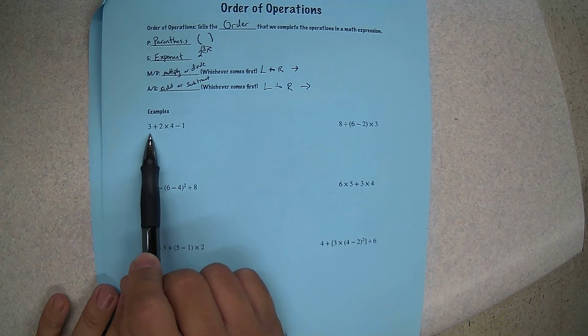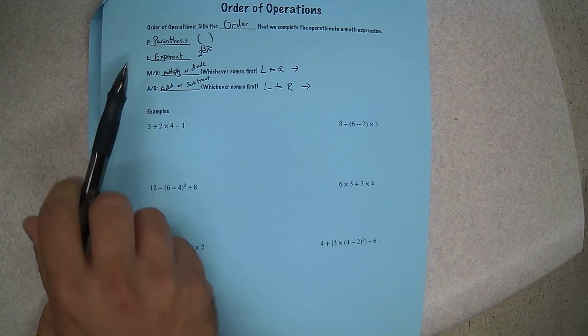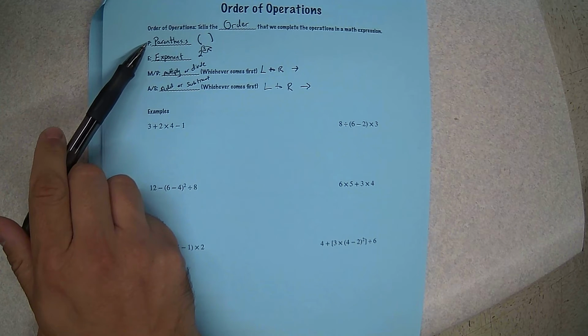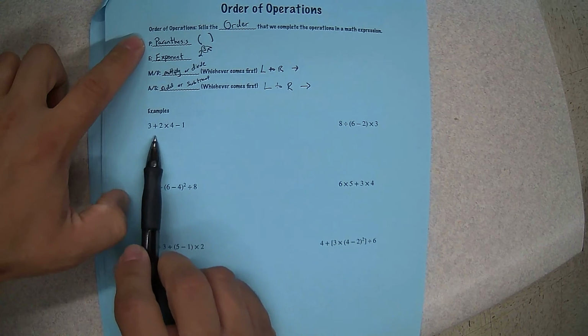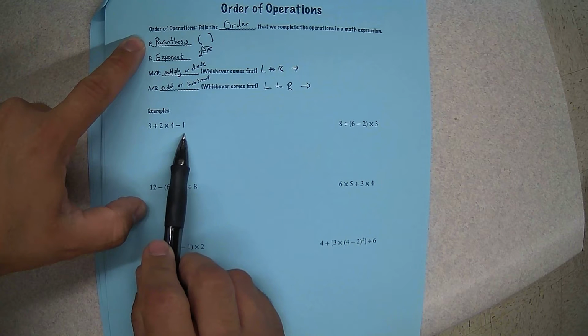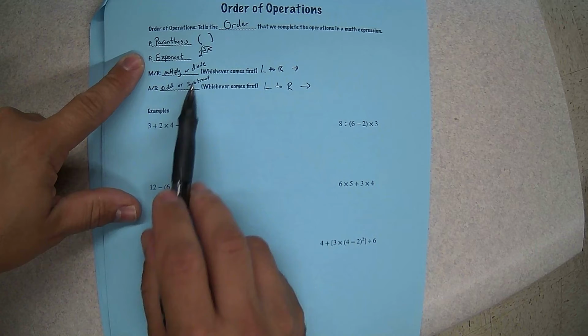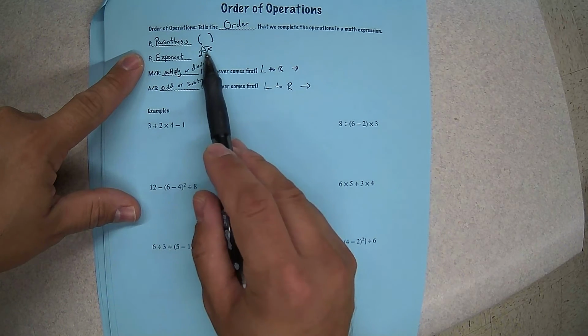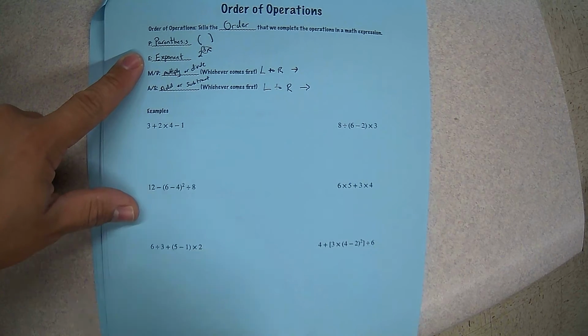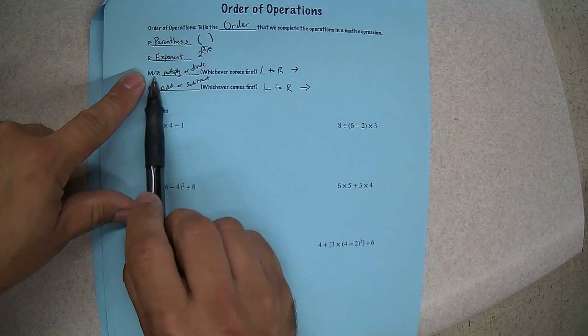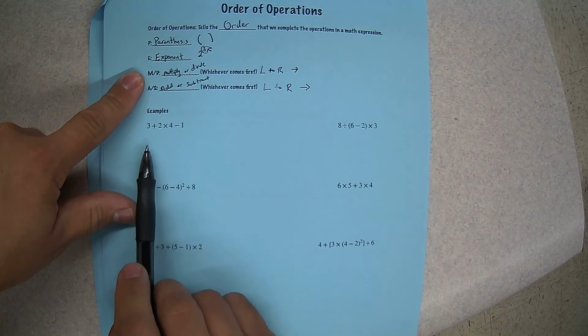So what I do when I go through these is I start up at the top in parentheses and I look, do I have any parentheses in here or grouping symbols? No. Then I move on to the next one. Exponents. Are there any little numbers raised up? No. Then we go to multiply or divide, and then we go left to right.